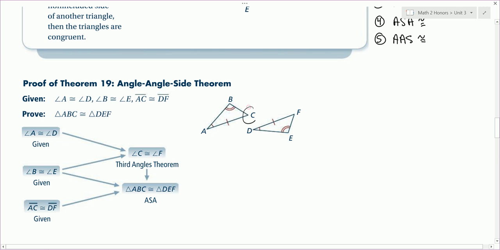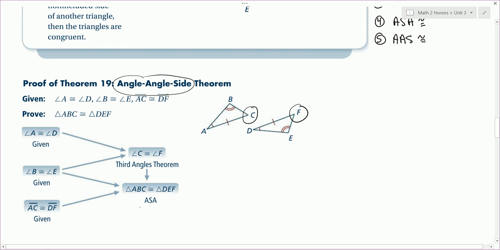So we know that angle C and angle F are congruent by the third angle theorem. And then we have angle side angle. And so we can show that 2 triangles are congruent. So if you start with the condition angle angle side, we can use angle side angle to prove it's true.